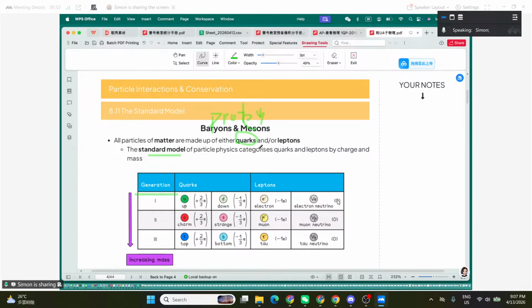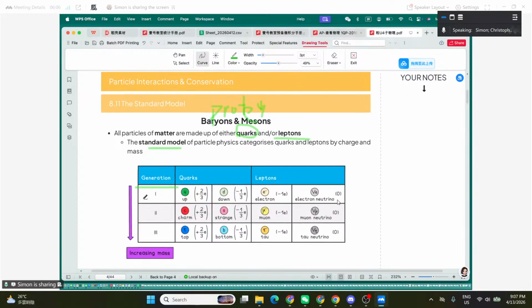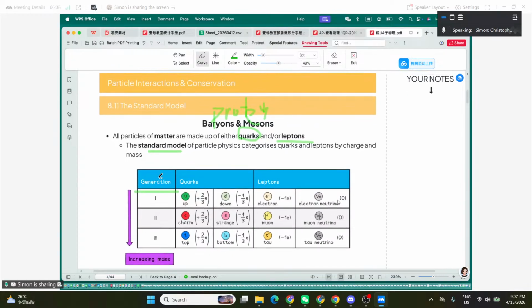No problem. And here is another word, lepton. Lepton is the fundamental unit of the composition of the electron. You can see there are three rows. Row one is generation one, row two is generation two, and this one is generation three.